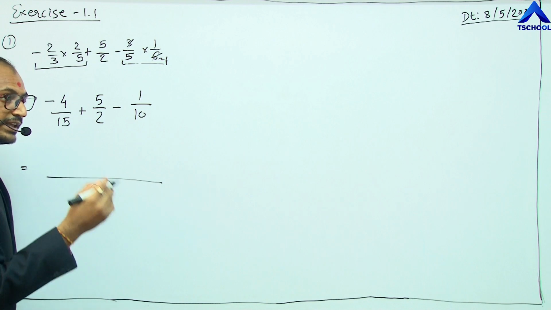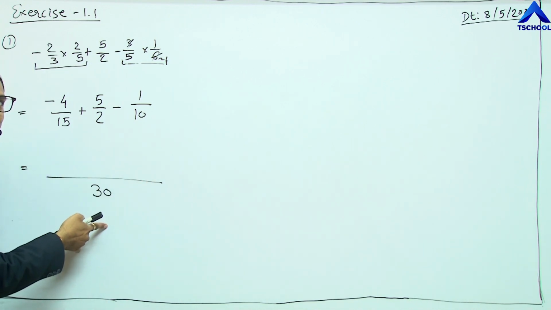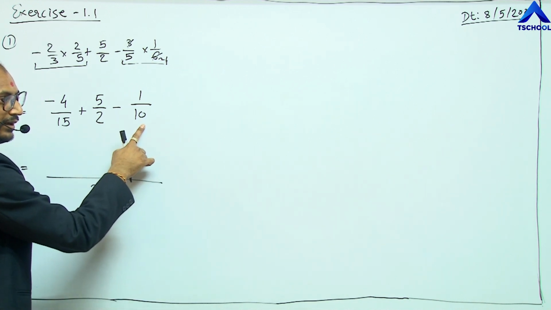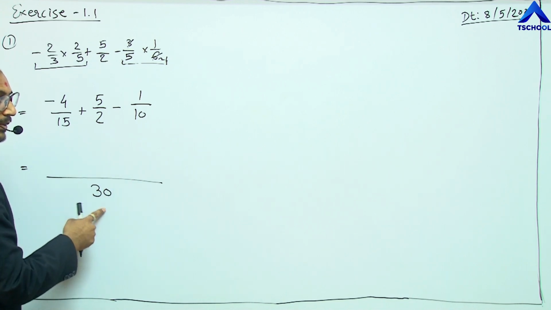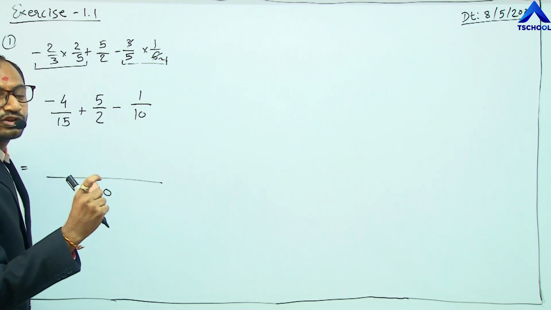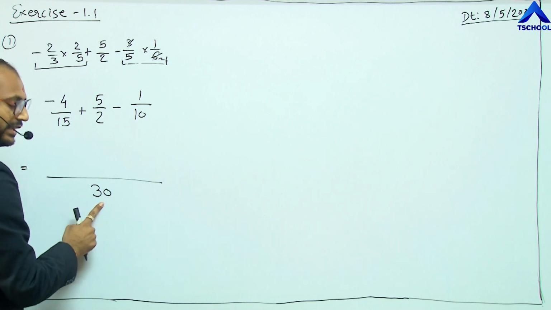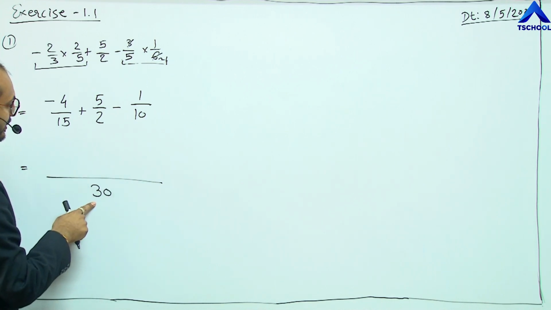Thirty is the least multiple of 15, 15 times 2 is 30. And 30 is also a multiple of 10, as well as a multiple of 2. The least common multiple of these three numbers is 30. Hence we are taking the LCM 30.